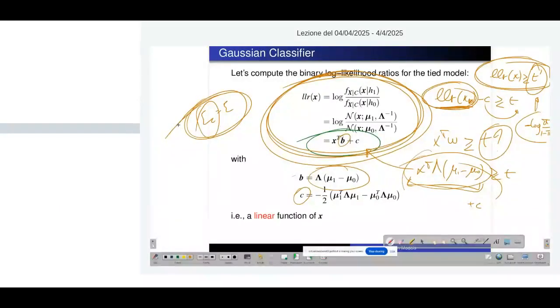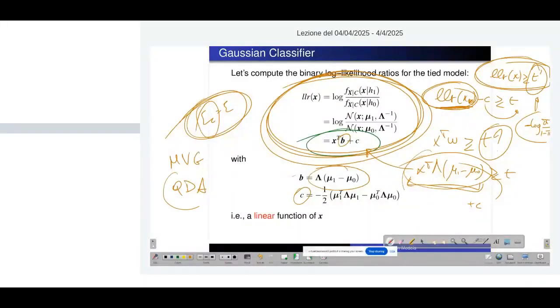In the same way, the multivariate Gaussian model, you may find it called quadratic discriminant analysis. Why quadratic? Because we have seen that LDA and the tied model are essentially the same thing and they give linear separation rules. The generic multivariate Gaussian model gives quadratic separation rules, so by extension we call it also quadratic discriminant analysis if you want to use the naming that was used for LDA.